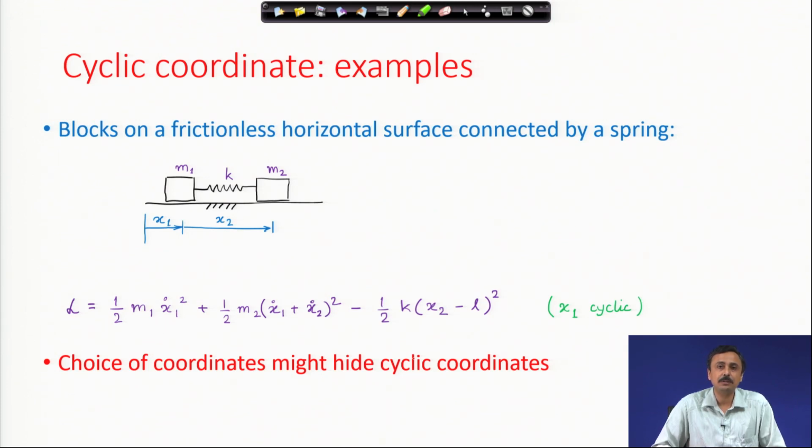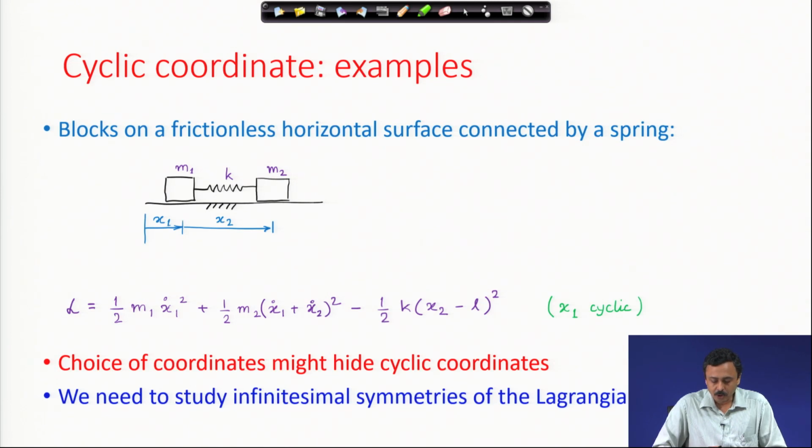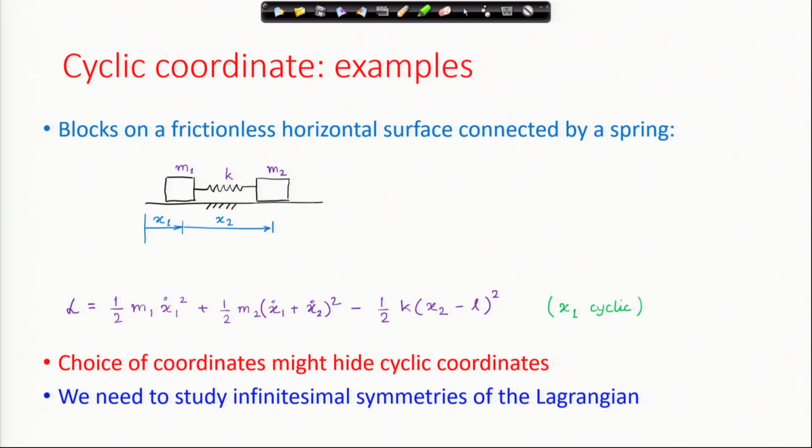We have used linear momentum conservation, angular momentum conservation, energy conservation, these are all constants of motion, and we are going to see how they all exist corresponding to a certain cyclic coordinate. Therefore, if you are not able to see a cyclic coordinate, then you are not able to immediately see the conserved quantity. In order to bring this out, we need to study infinitesimal symmetries of the Lagrangian.